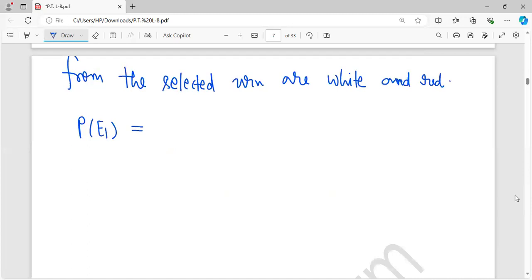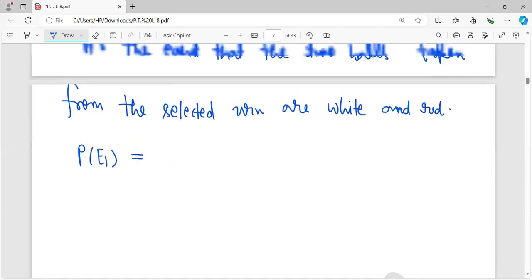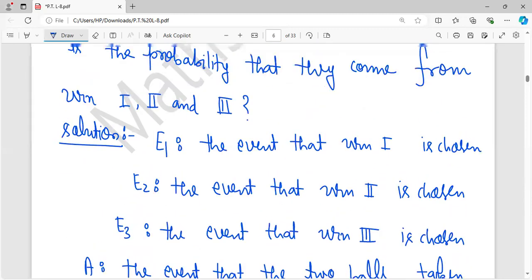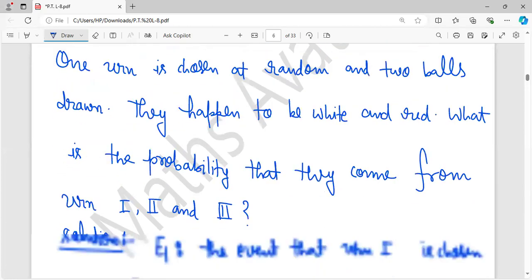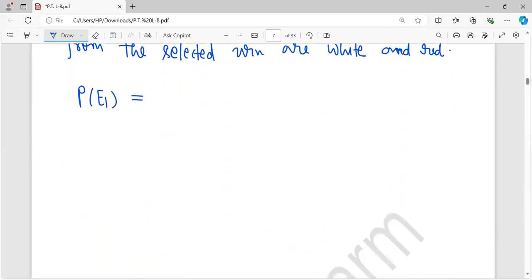It means E1 is chosen and two balls are drawn. So the probability is 2 upon the total number of balls in E1. Urn 1 has 6 balls. So this is 1 by 3.